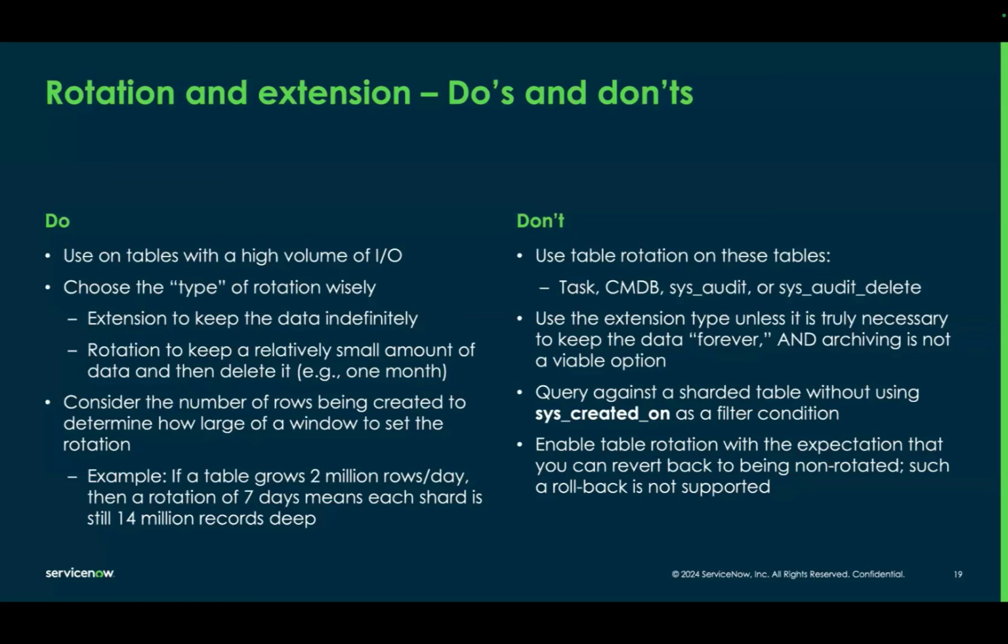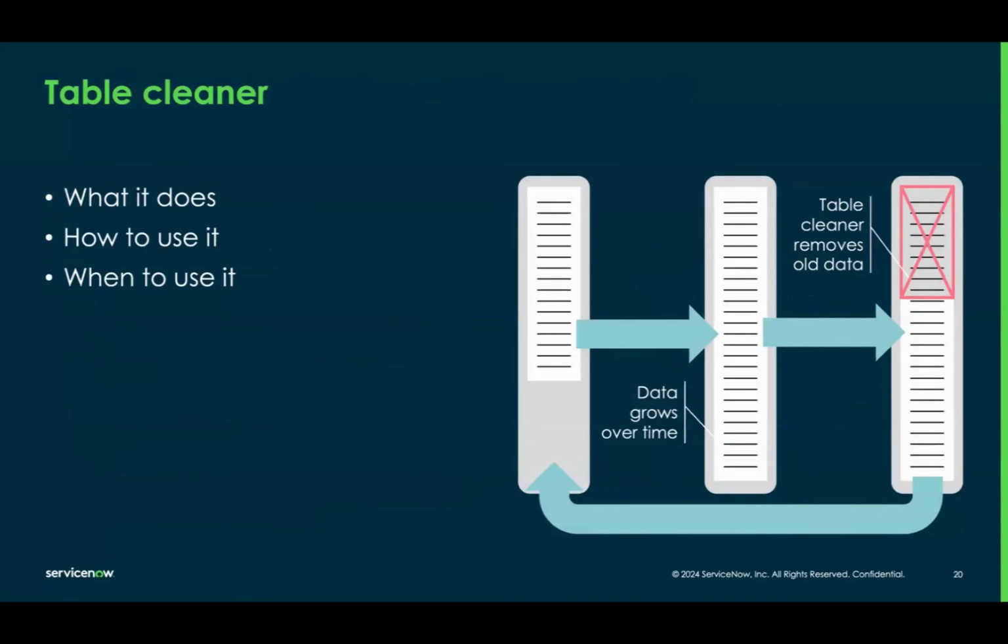And the third one we have is probably the most common of the three that we'll talk about. This is the table cleaner. The table cleaner is not eligible to be used on those table rotation or table extension, the shard models. So this can be used on just about everything else.